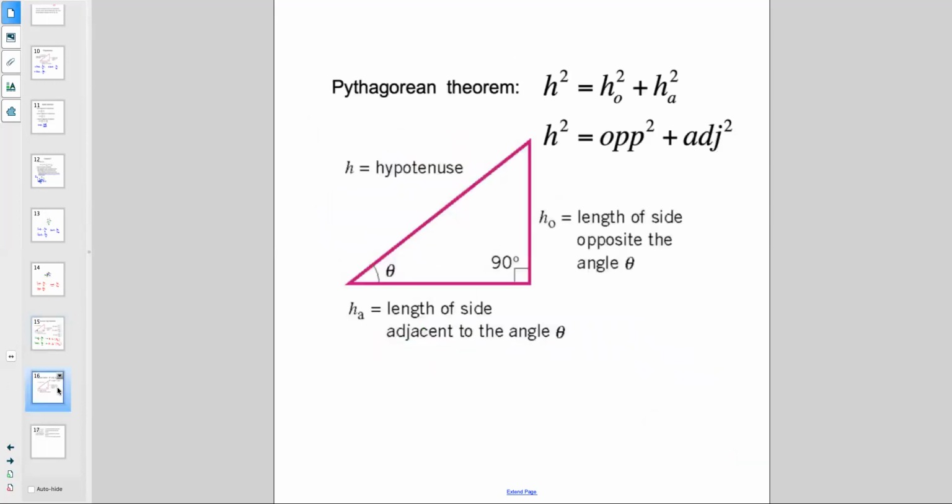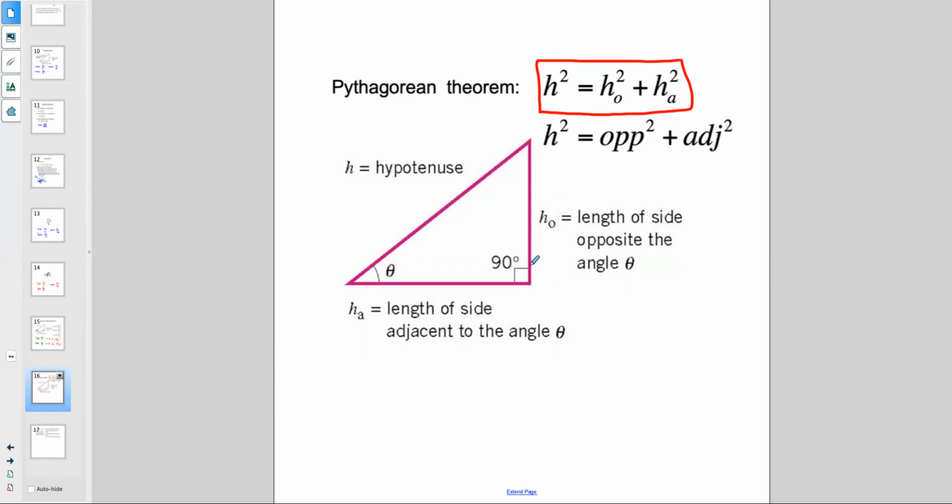Okay, now, I'm pretty sure that almost all of you have seen this before. Pythagorean theorem, you've seen it before. I'm pretty sure if you haven't seen it, at least you've heard about it. So what it says is that if you have the opposite side, so let's say that this is our theta right there.